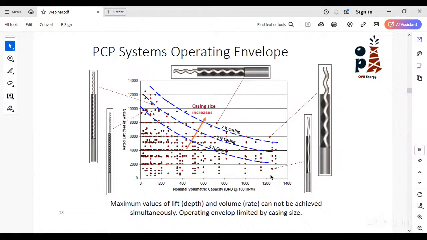So you are losing some of the flow rate you have during the production because of this high differential pressure. That's why we are calling this relationship between the flow rate and the net lift an inversely proportional relationship.